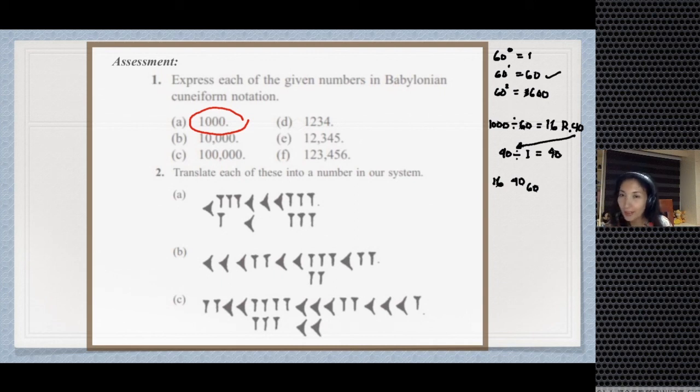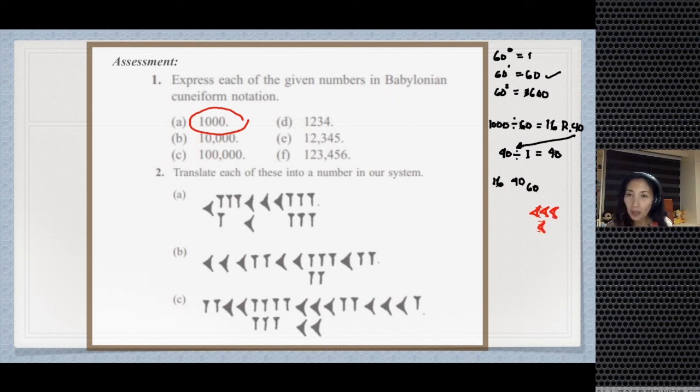So 40, how do we represent 40? It will be represented by how many wedges? 4 horizontal wedges.